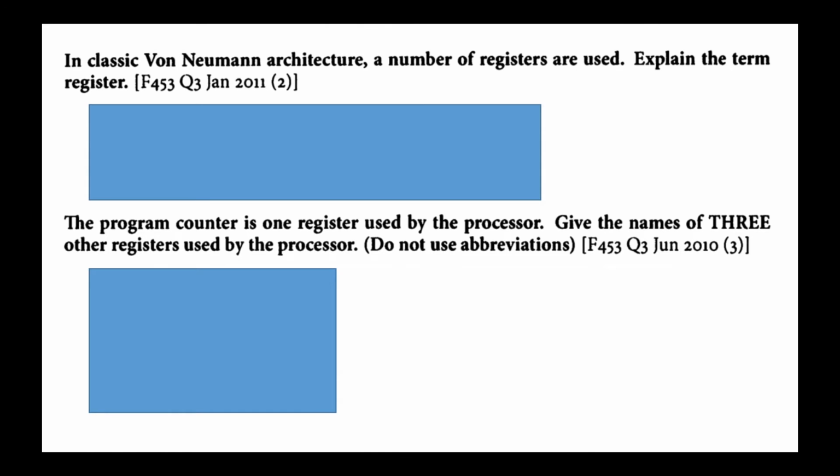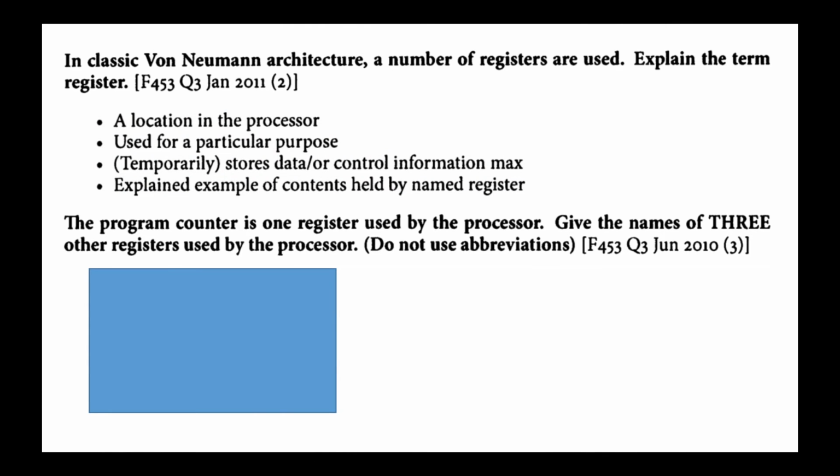Right, and so the answer for explain the term register is a location in the processor used for a particular purpose. It temporarily stores data or control information. Max: explained example of contents held by a named register. So have an example that explains the contents that are held by that register.